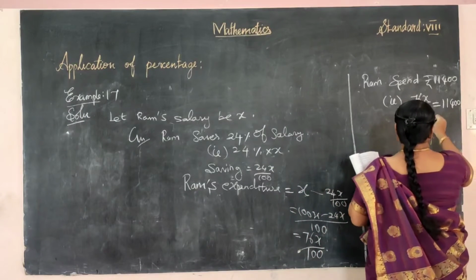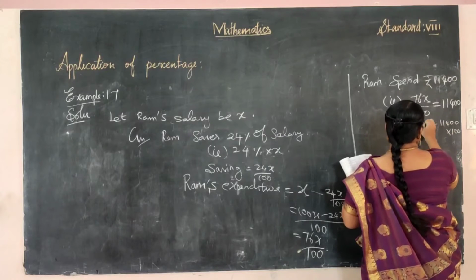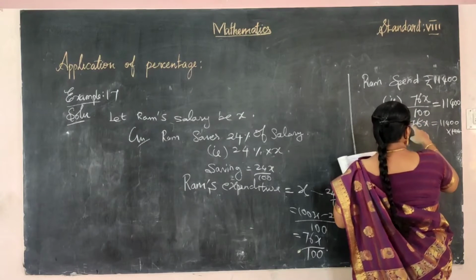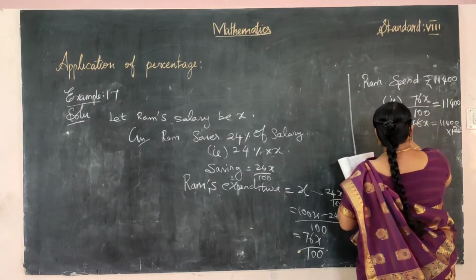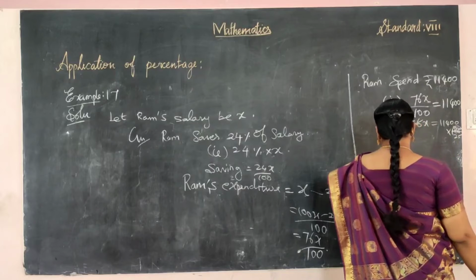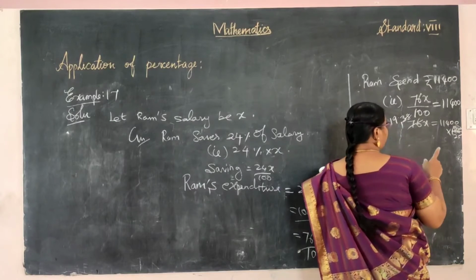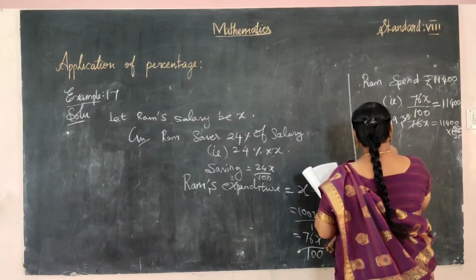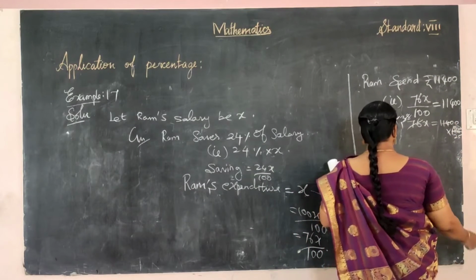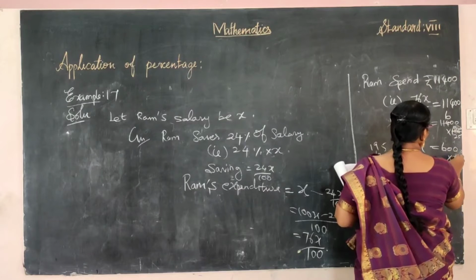Okay, right. Now cross multiply this into 100. Here 76x, it is cancelling in the 19 table: 19 6s are 114, 19 5s are 95... so here x value only, 600 into 25.